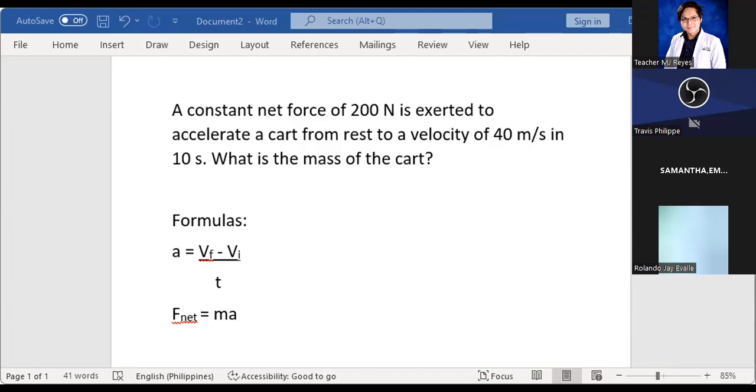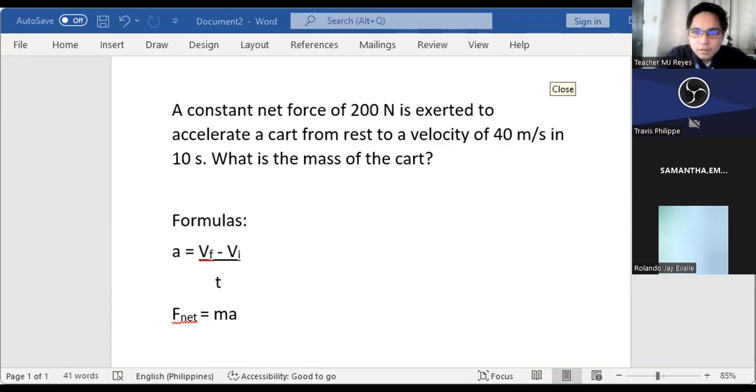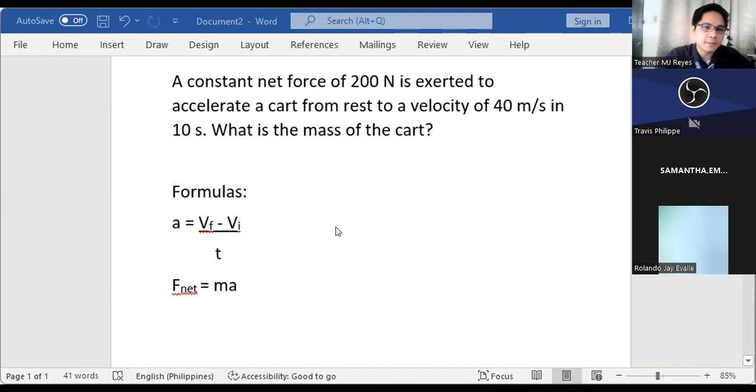All right, let's continue. I'm sorry for the sudden disappearance in your screen. Okay, so let's take a look at this example.